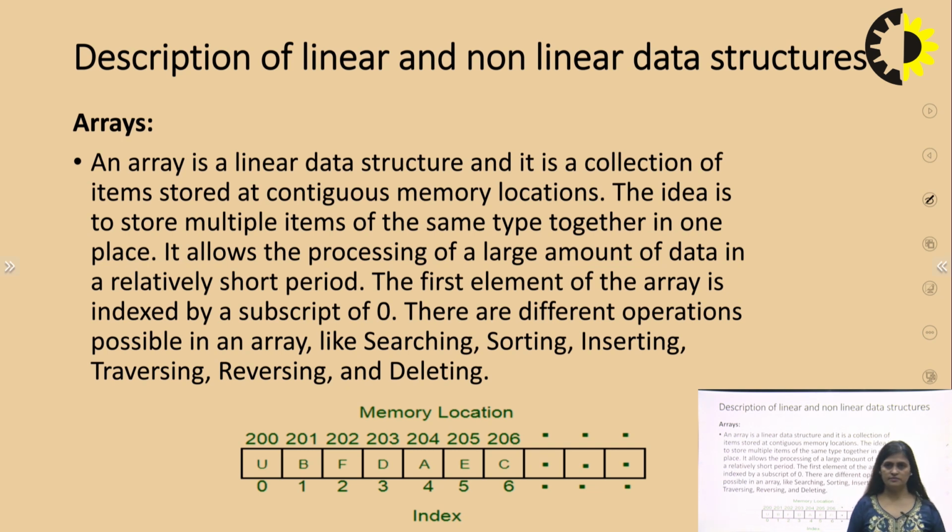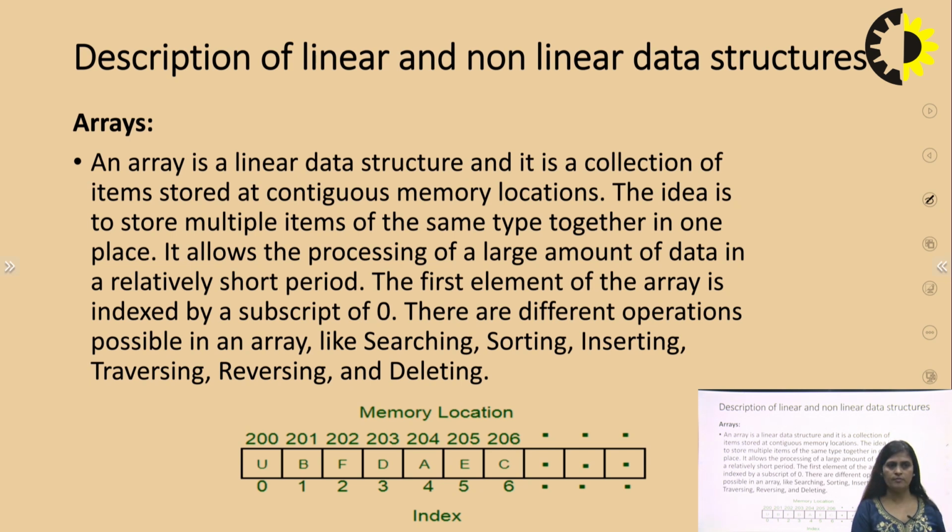Traversing means you can traverse or visit each and every element, the data whatever you insert. Reversing means you look at the data in reverse order. Deleting, here we delete an item from a program, whatever element we want to delete.